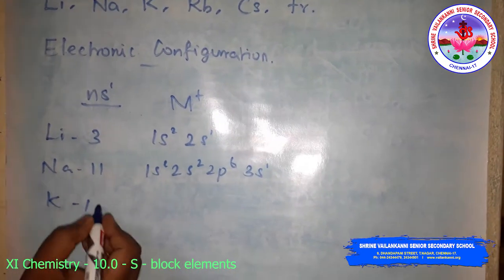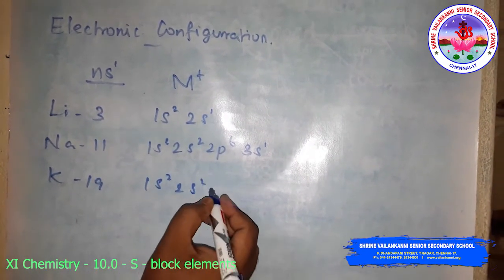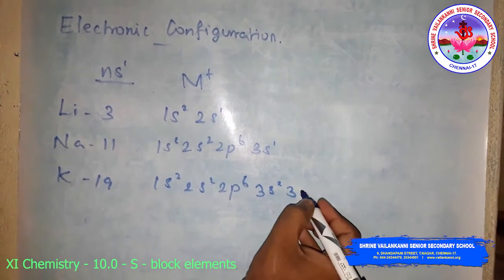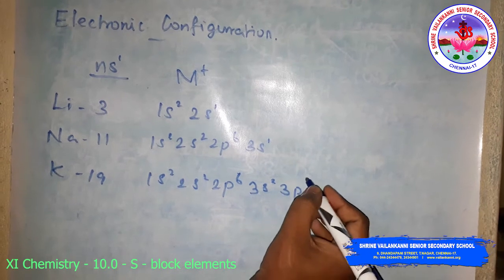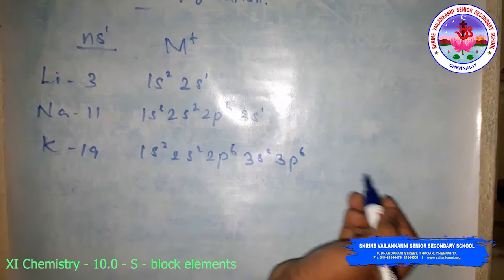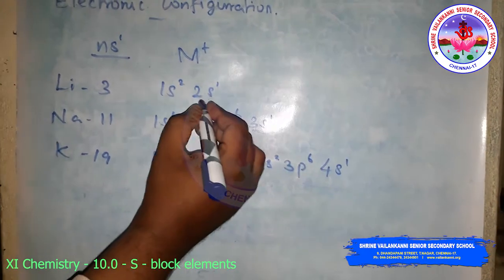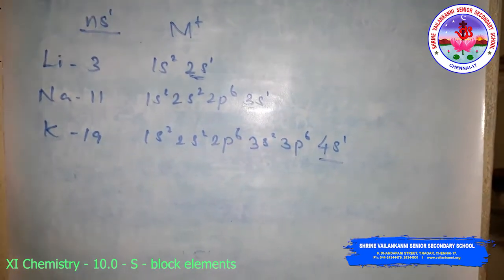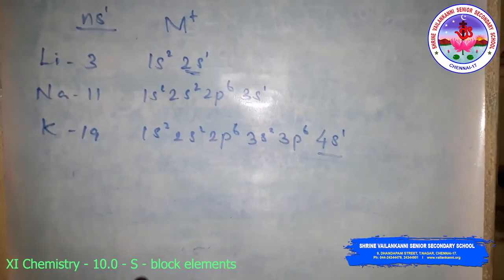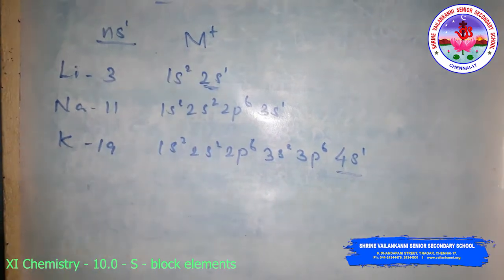Potassium, 19: 1s2, 2s2, 2p6, 3s2, 3p6, 4s1. Look here, all of these end with one. That means the valence shell has only one electron in the s orbital. That is why they are more electropositive in nature. They are also called alkali metals.